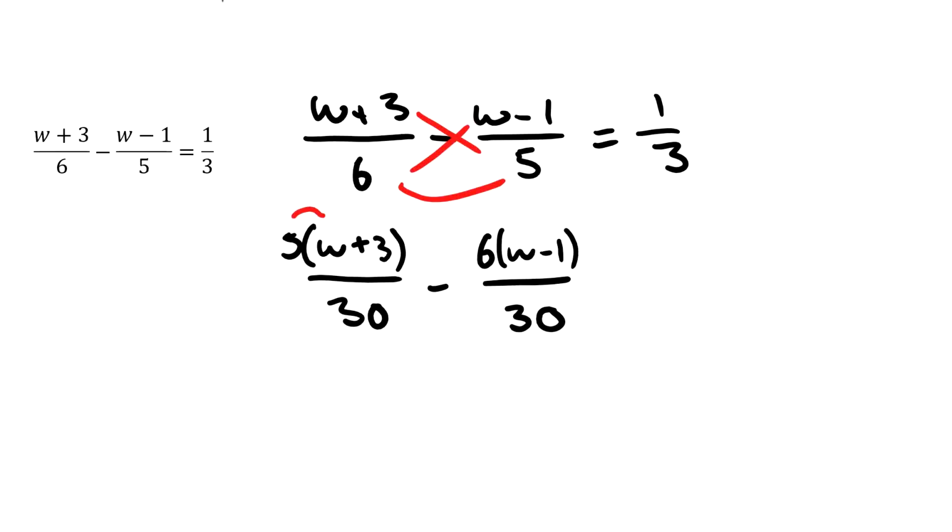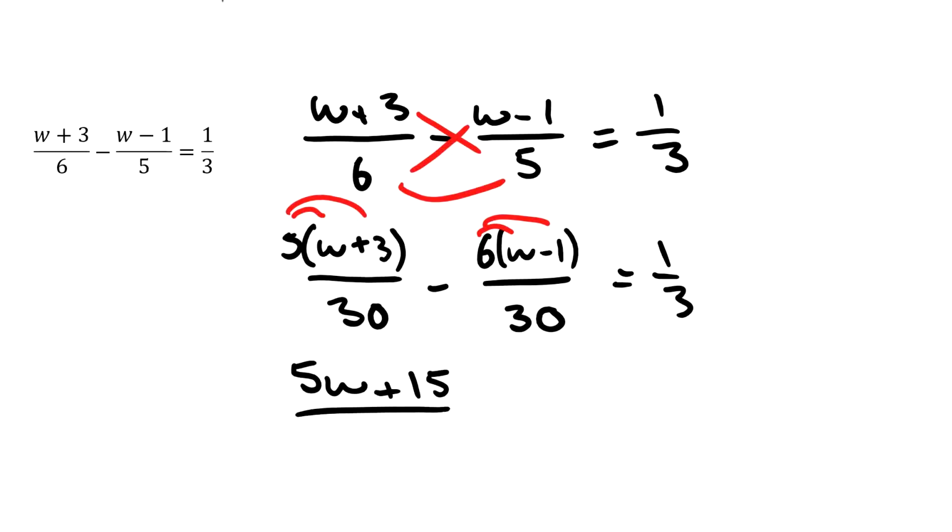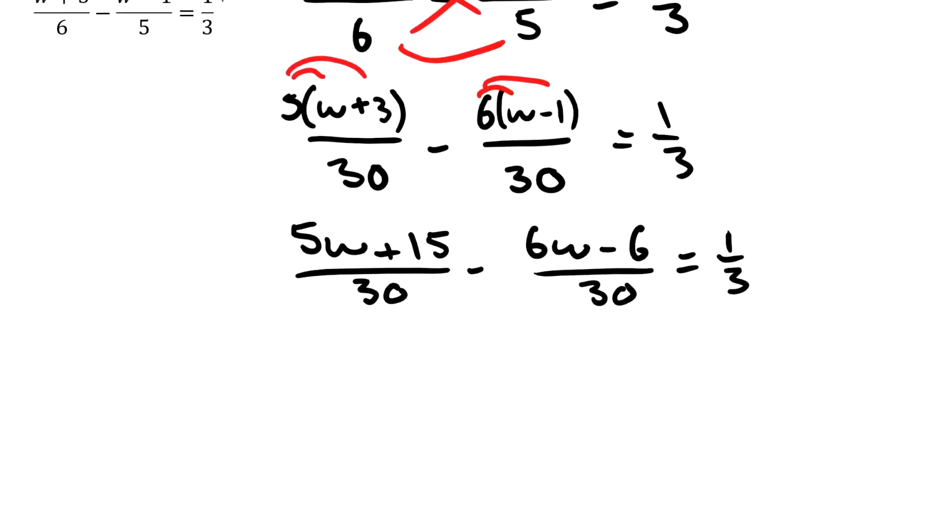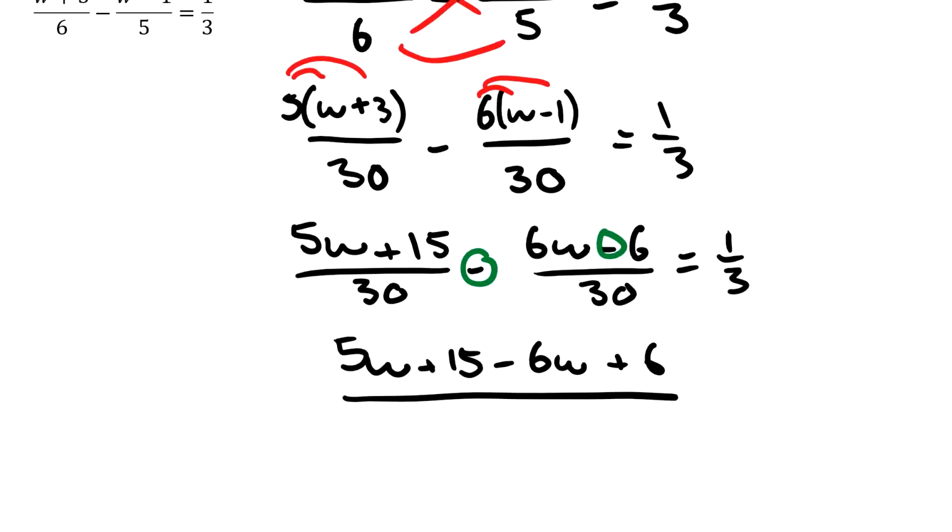We can expand these out. So 5w plus 15, 6w minus 6, and then what I want to do is combine it, so this becomes 5w plus 15 minus 6w plus 6, because a minus and a minus make a positive, all over 30 equals 1 over 3.